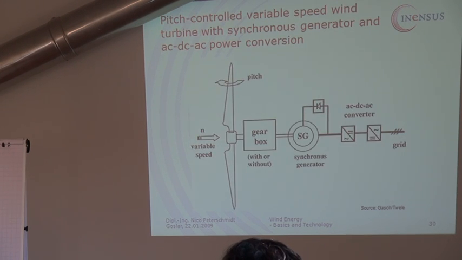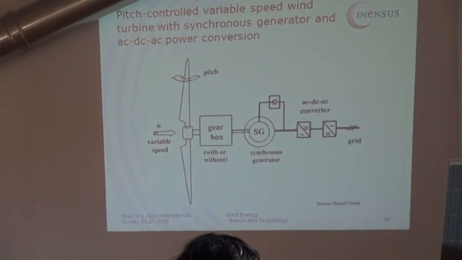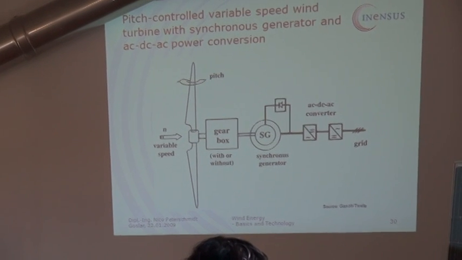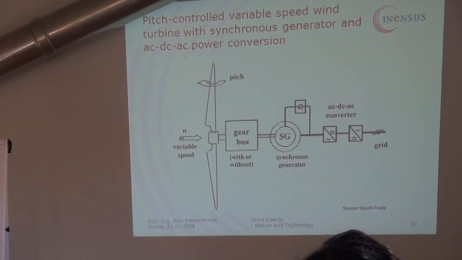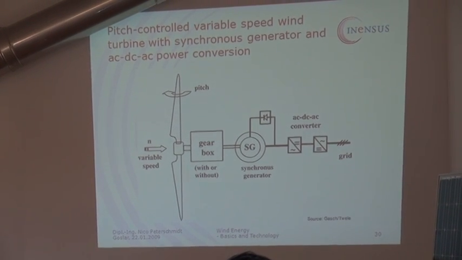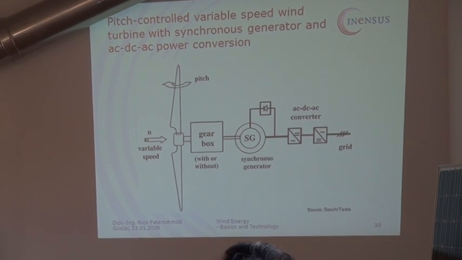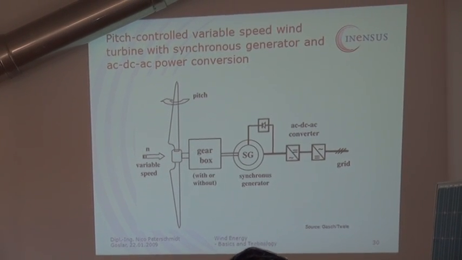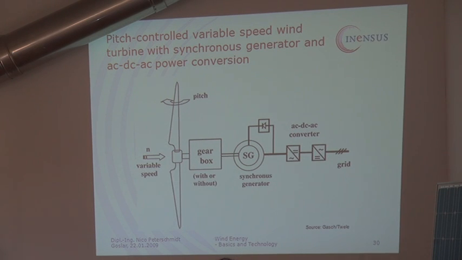There are two different concepts of running the generator. You usually want to have variable speed wind turbines to realize, on the one hand, as I already said, the stall effect, but you also have to track the rotational speeds to match the maximum efficiency points for each wind speed.